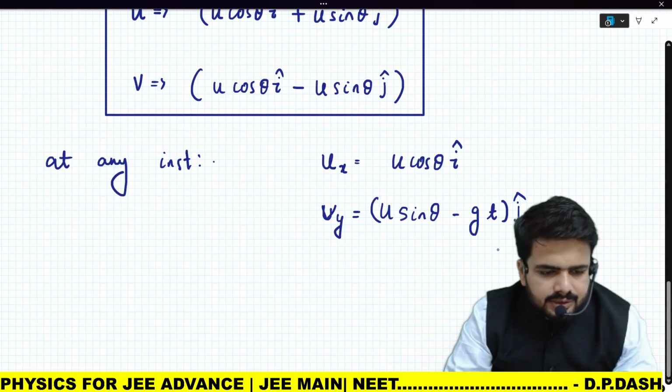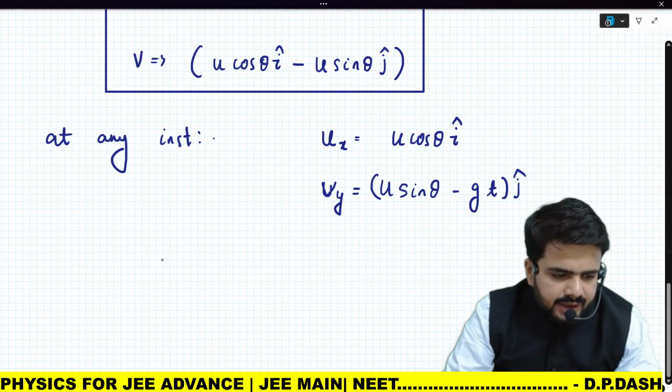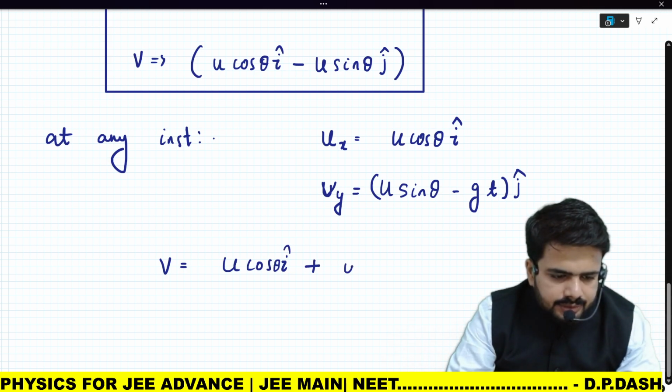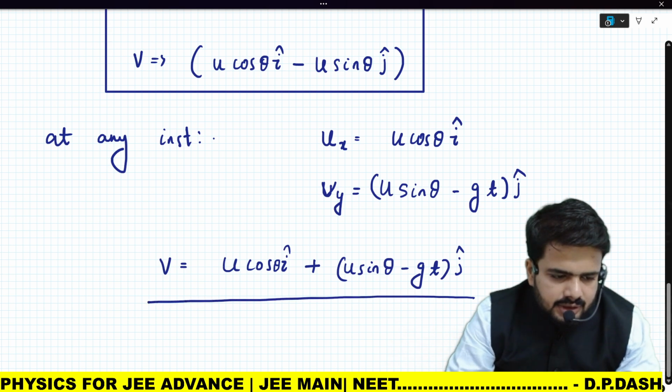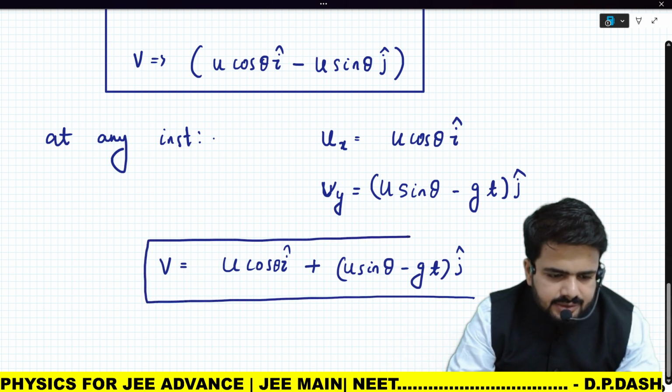So in general, the velocity at any instant can be written as u cos theta i cap plus u sin theta minus gt j cap.